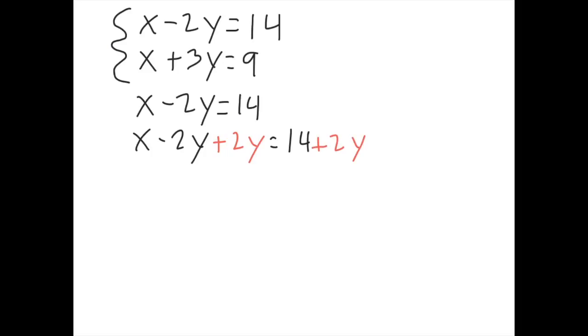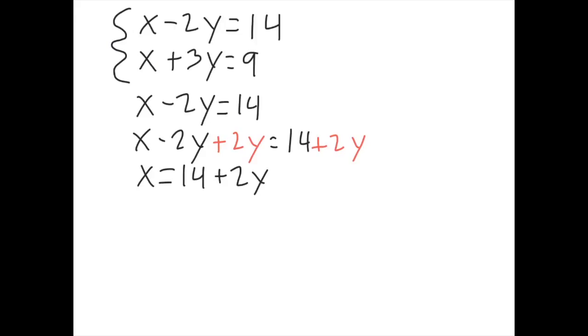We add 2y to both sides, and that'll give us x equals 14 plus 2y. And if you want to say 2y plus 14, that's perfectly fine. We've been putting variables at the beginning with graphing, so if you want to do it that way, be my guest.